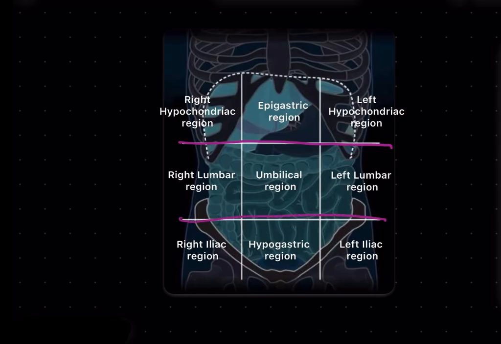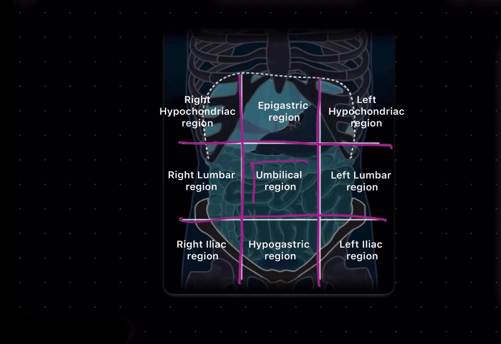So we have 2 horizontal lines, and then we have 2 vertical lines. Remember, these are parasagittal planes because they're not at the midline. These are 2 parasagittal planes that are dropped down. In this way, we've divided the abdominopelvic cavity into 9 regions.